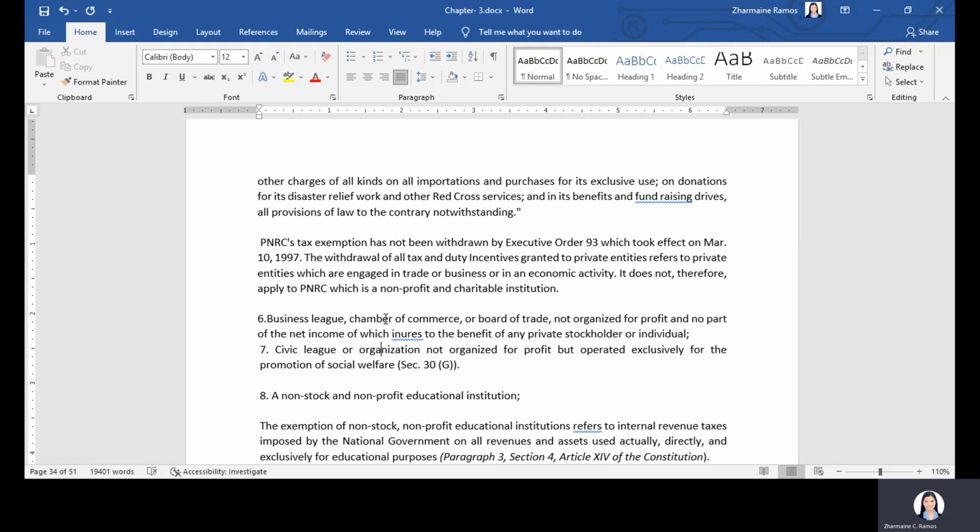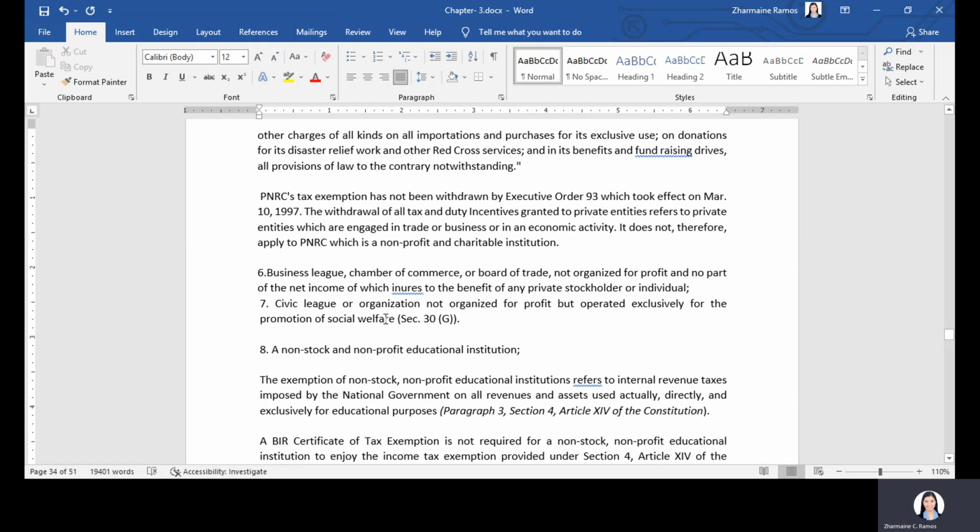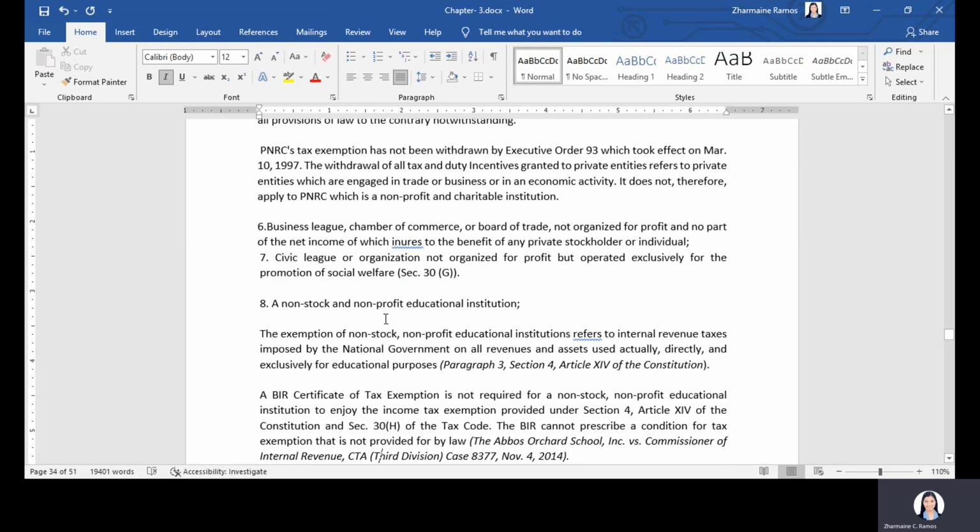Next is Civic League or organization not organized for profit pero operated siya exclusively for the promotion of social welfare. Yung mga non-stock, non-profit educational institutions, tax exempt yung mga yan. Meron silang natatanggap na certificate of tax exempt yung iba.